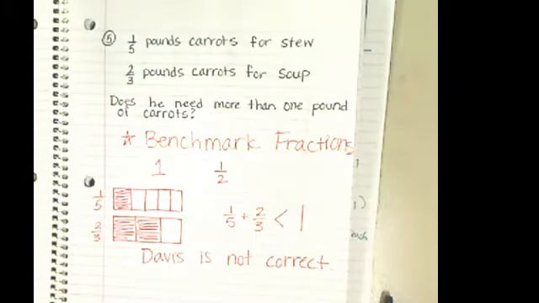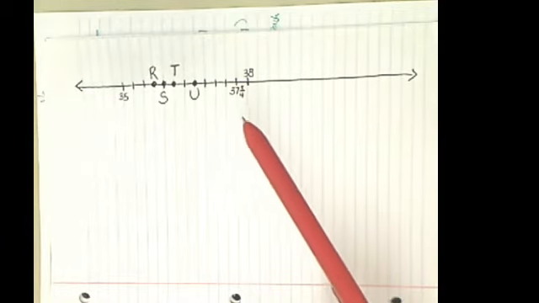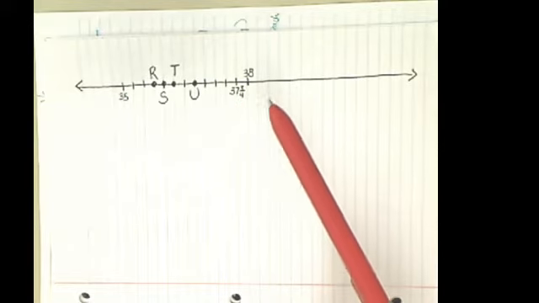All right, so number 6, let's look at this number line right here. 35 is all the way over here. And then we skip all the way over here and we have 37 and 3/4. And then the very next hash mark is 38. So our first task for a number line problem is always to do what?